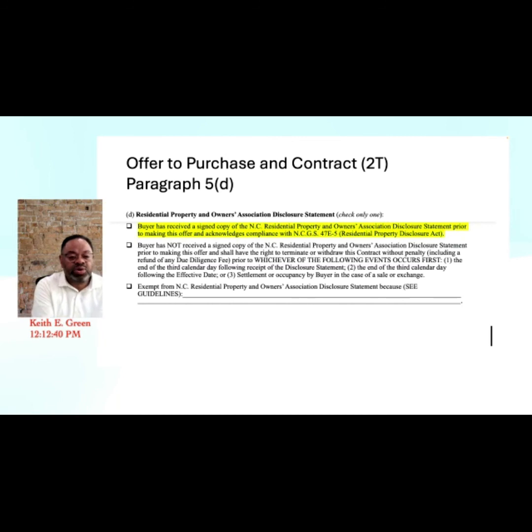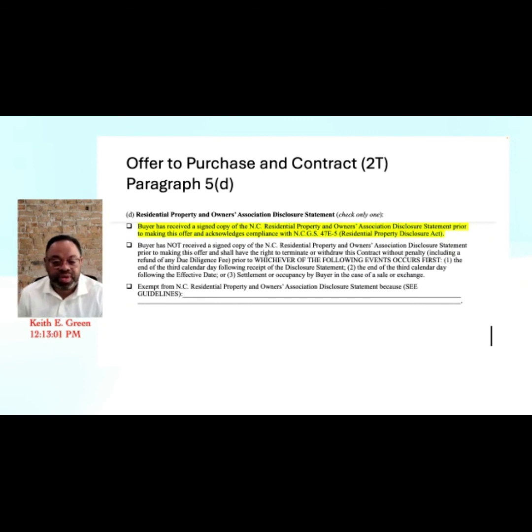If you got it during the negotiations, even probably if it was at the house when you did the tour and you picked up a copy, it was provided, then you cannot make a case saying that my buyers deserve their due diligence fee back based on the fact that they didn't get it prior.